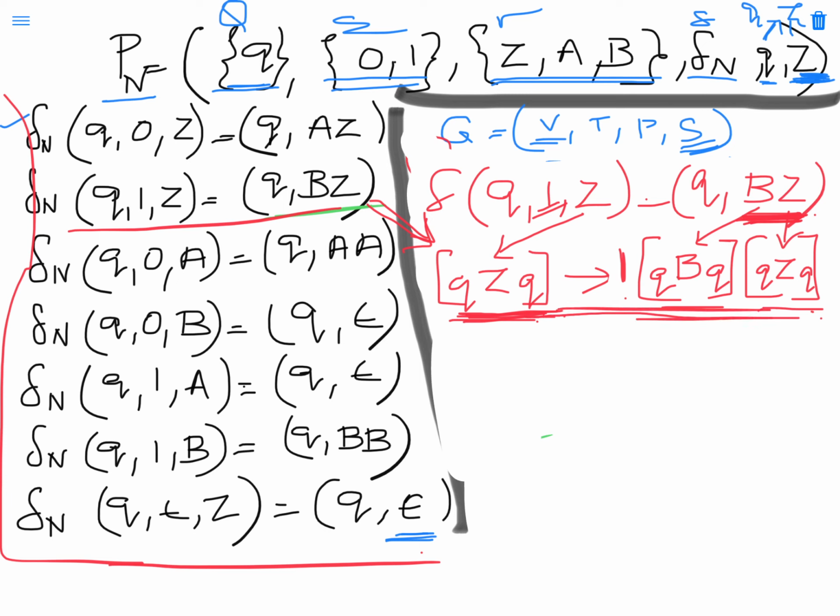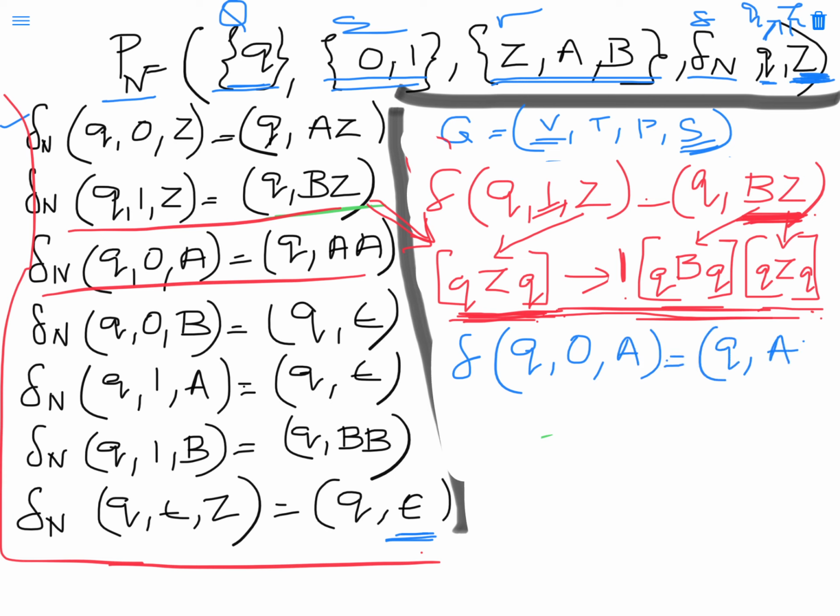Now we can see the production for the third function, that is del of (q, 0, A) is equal to (q, AA). Here also, in the right hand side, two stack symbols are there, which means that the production's right hand side also needs to have two non-terminals, equivalent to the stack symbols.